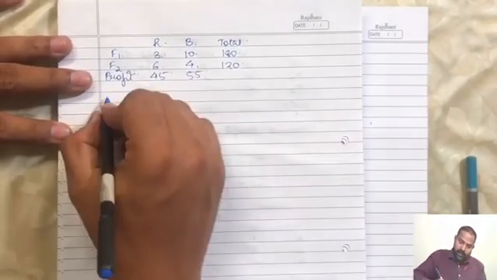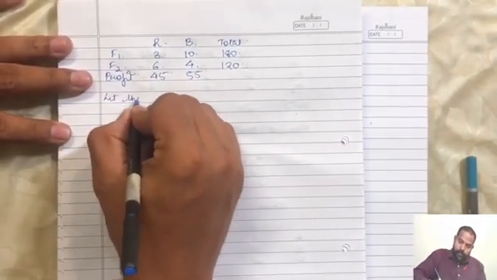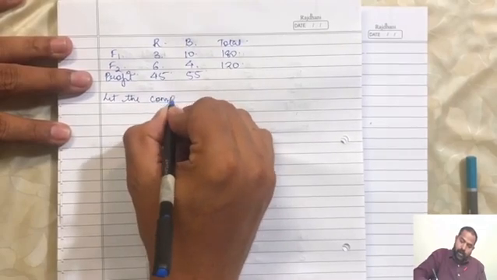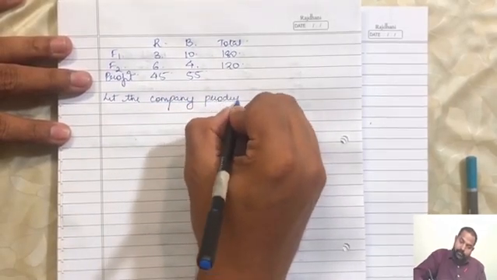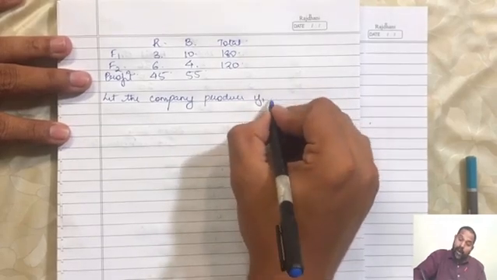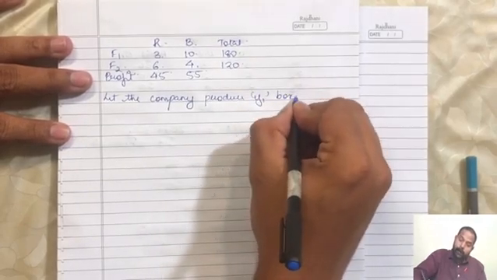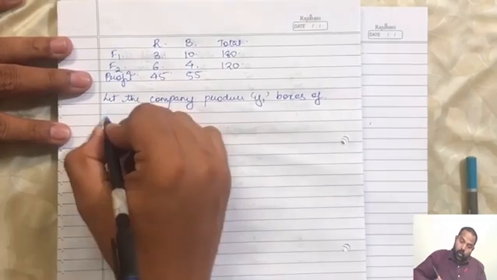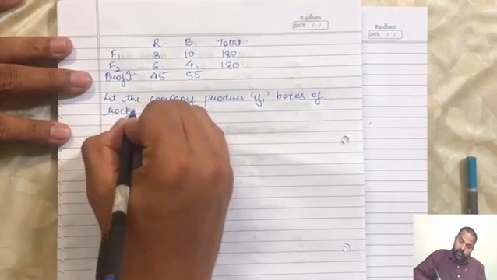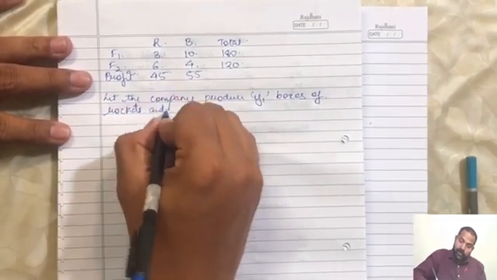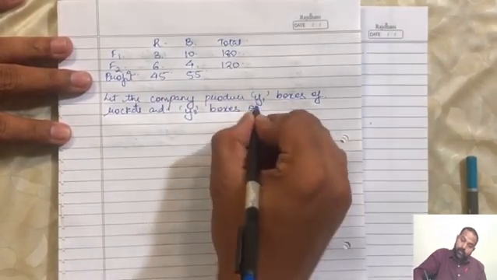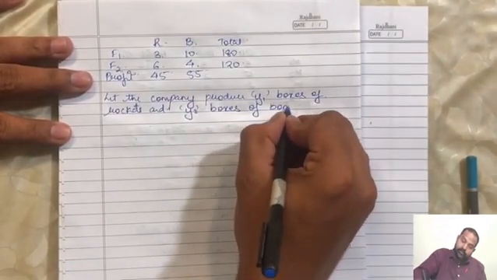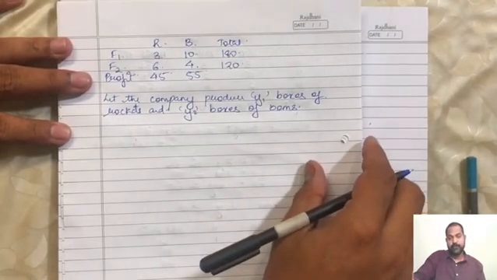Step number 1, let the company produce Y1 boxes of rockets and Y2 boxes of bombs.